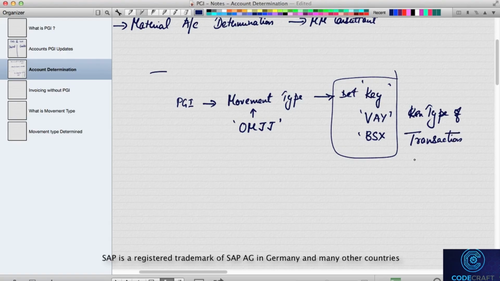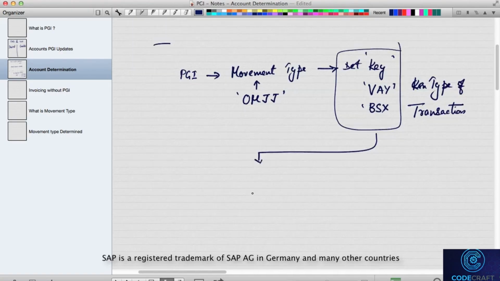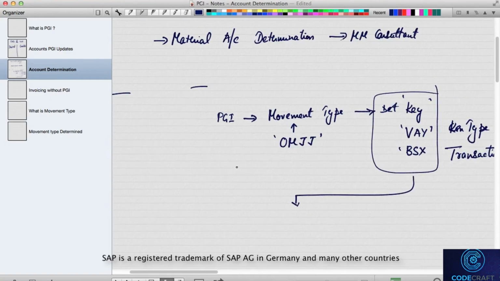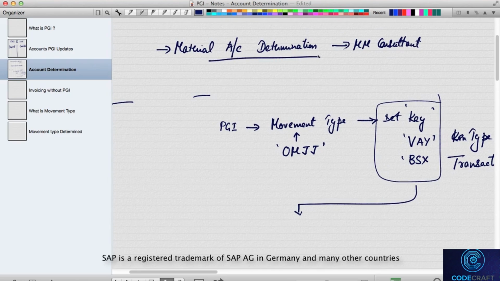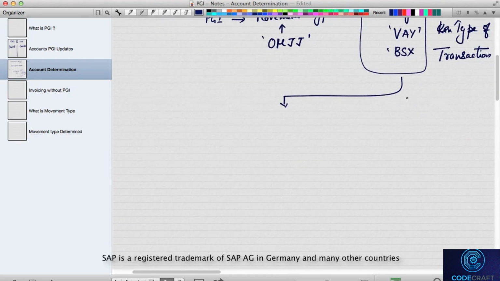So using this account key, you do material account determination, the one that I've talked about. Using this account key, you go to a transaction called OBYC. So this is material account determination.